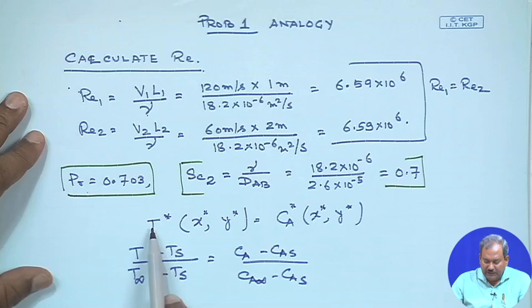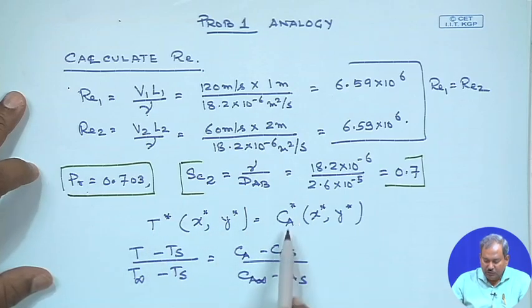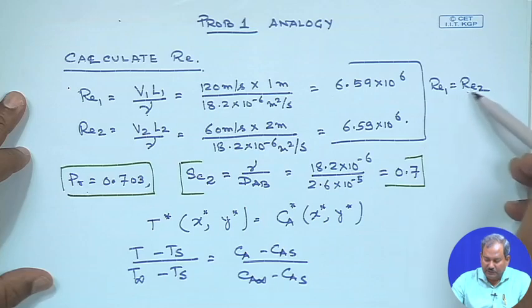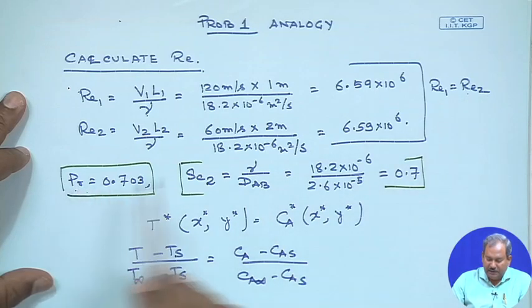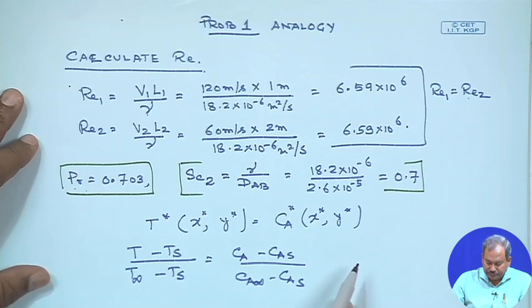So, the equality of dimensionless temperature and dimensionless concentration, which results because the Reynolds numbers are the same and Prandtl number is equal to Schmidt number. So, therefore, the functional form of dimensionless temperature and dimensionless concentration, which are defined in this way, are the same.